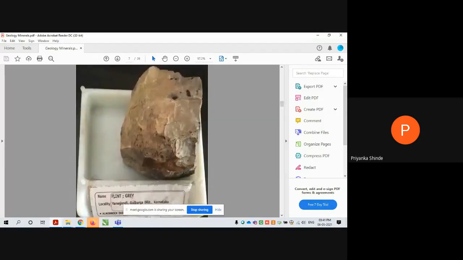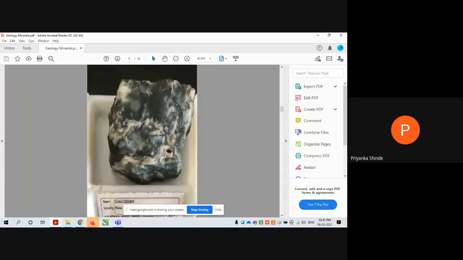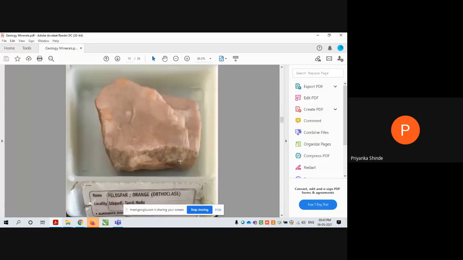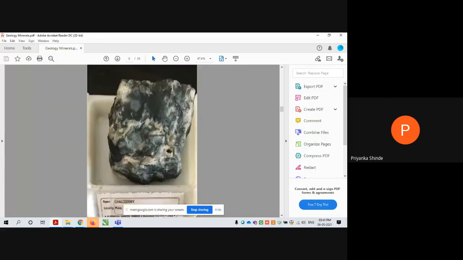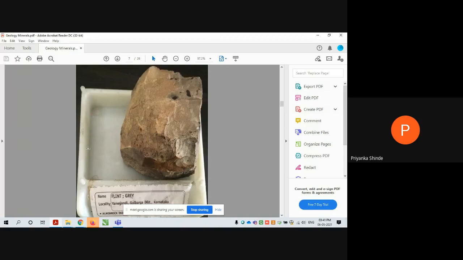So in granite you will find any of these quartz as a major constituent. Quartz, and this one is feldspar, which is the next group of minerals. These two minerals are present in the granite. Granite is a rock, so that is why we are studying the minerals.